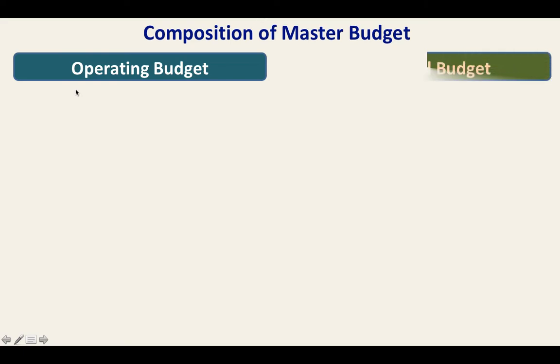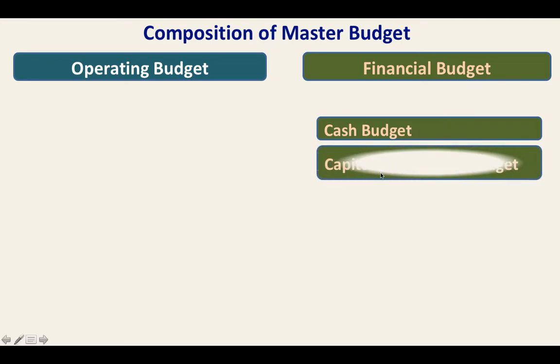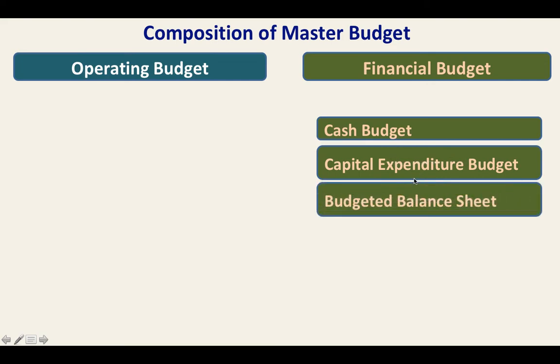Okay, class. Again, let us take a look at the composition of the master budget as we have discussed from the previous slide. The master budget consists of the operating budget and the financial budget. And under the financial budget, we will have the cash budget, capital expenditure budget, and budgeted balance sheet.